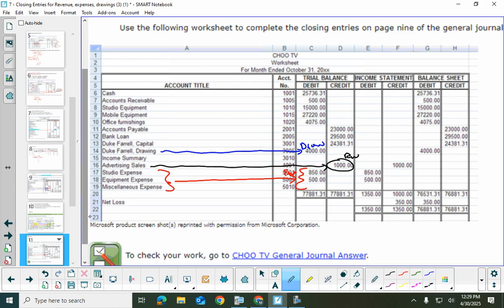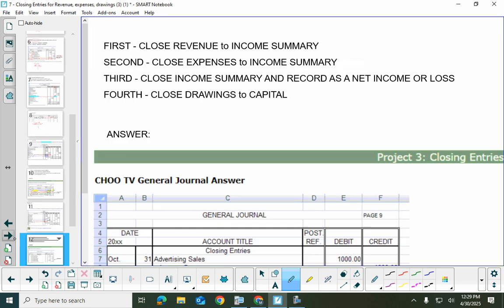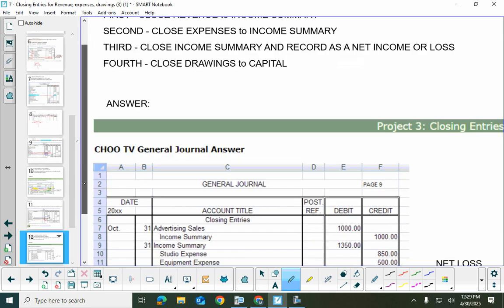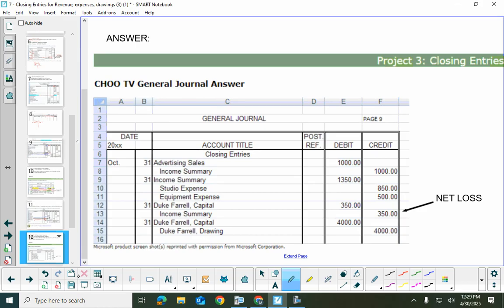So, revenue has a credit balance, so I'm going to debit it to close it off. So I'm going to debit the revenue, credit the income summary. So this is how you close off the revenue account.